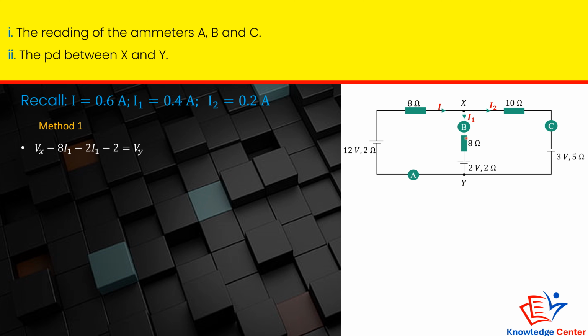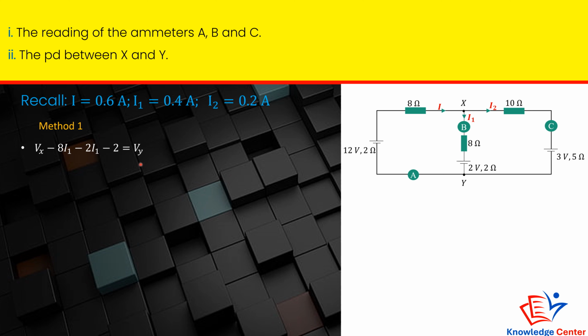Then across this 2 ohm, I'm traversing the direction of the current going through it, negative PD. And if I move across this voltage source, it's positive to negative, so this voltage becomes negative, because by convention, whenever I move from positive to negative, the EMF is negative. And then at the end, that gives me the potential at Y.